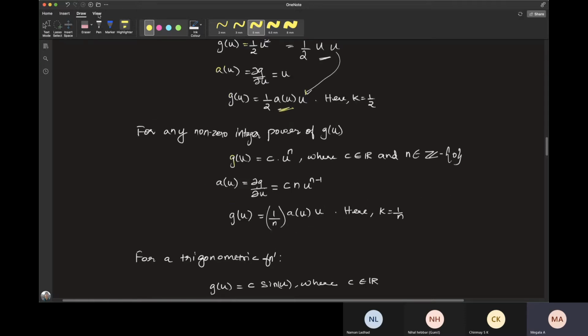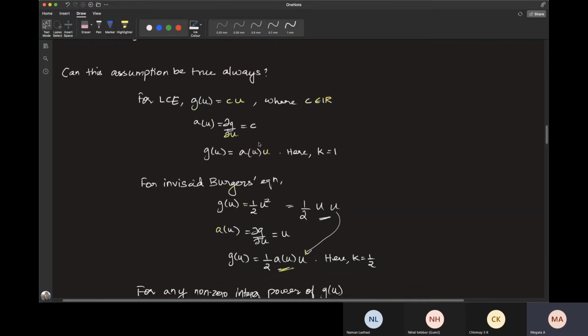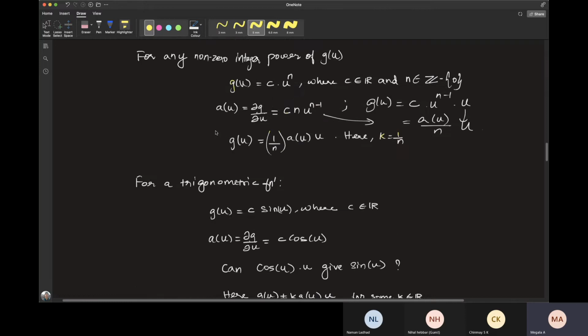Now let us write our g of u as c into u power n minus 1 into u. In that case, c into u power n minus 1 is a of u by n, from this expression. So that way we can write g of u as 1 over n into a of u into u, and this u will just remain as such. So this is also the same form that we assumed, with k equals 1 over n. So for certain kinds of g of u, this assumption holds true.